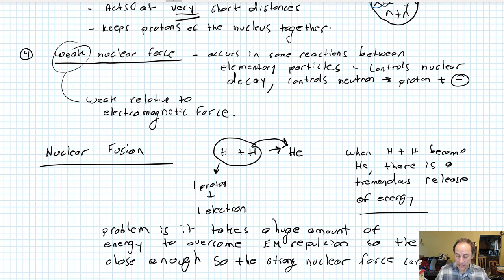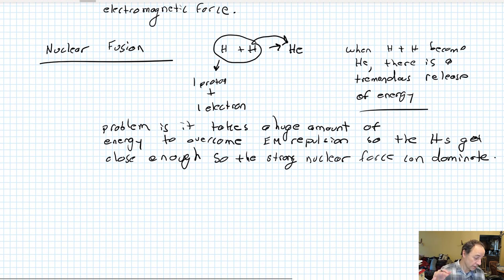On Earth, trying to do fusion has been the sticking point. It's taken more energy to make the helium than to get out of the helium. And in the sun, this happens because stars are massive. In fact, you can't have a star unless it's supermassive, because it's that gravity from being supermassive that forces this fusion in the core of the star, so that you can create these elements.